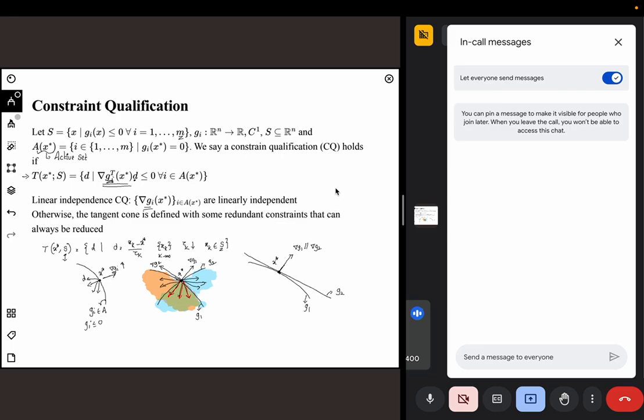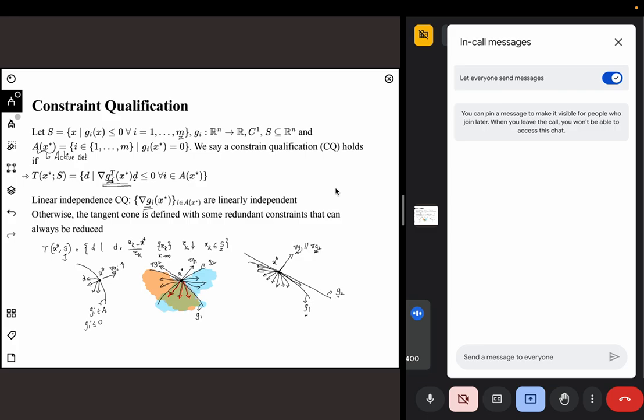So for the tangent cone, I can use only one of grad G1 or grad G2, and I will be able to construct the entire tangent cone, right? It will be all these vectors. In order to construct this tangent cone, I'll require only one of these functions. Either G1 or G2 is sufficient. I actually don't need both of them. This is essentially because both are parallel to each other, which means they are linearly dependent. So the moment you have linearly dependent things, one of them is sufficient and the other one will be redundant.